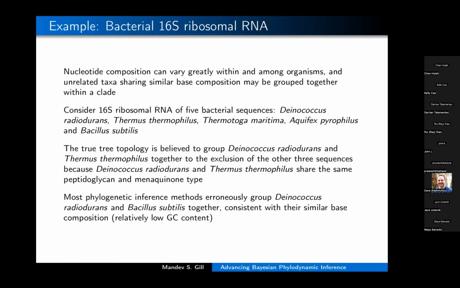So here we consider the 16S ribosomal RNA of 5 bacterial sequences, and the true tree topology of these sequences is believed by experts to group Deinococcus radiodurans and Thermus thermophilus together to the exclusion of the other 3 sequences. However, it's known that most standard phylogenetic inference methods erroneously group Deinococcus radiodurans and Bacillus subtilis together due to their similar base composition, in particular, a low GC content.